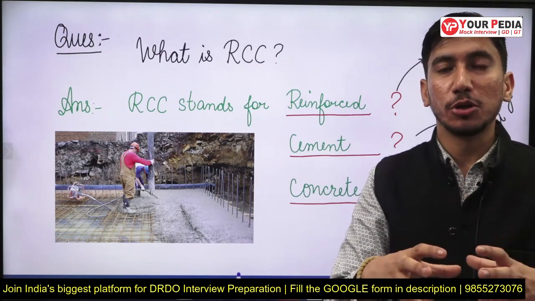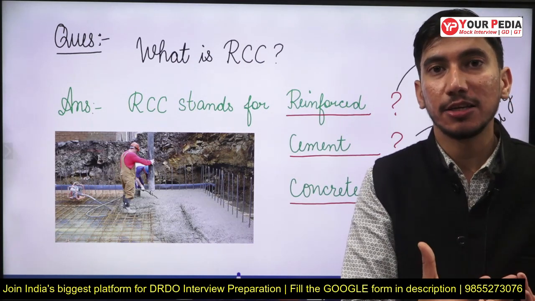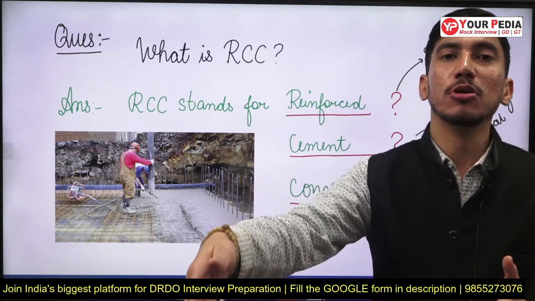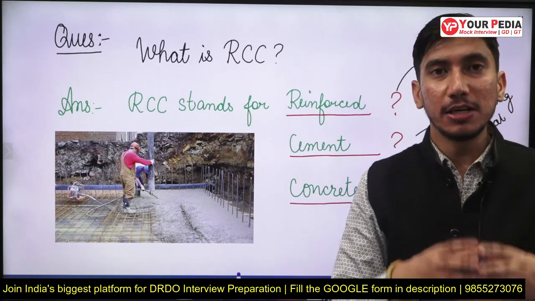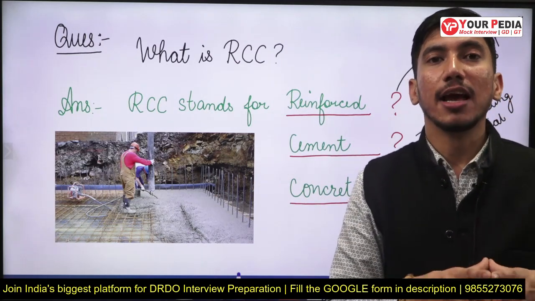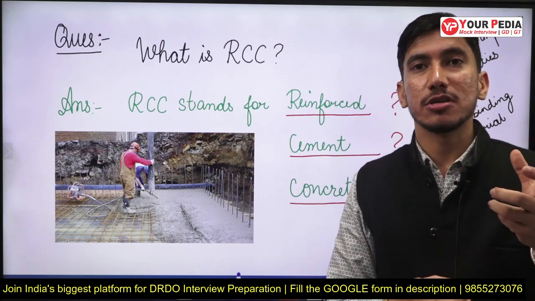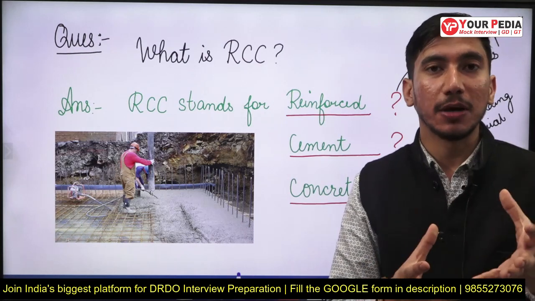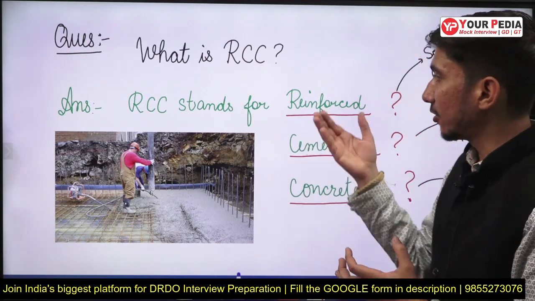When we add water to it, it becomes a wet mix. While being wet, it is plastic in nature and therefore can be poured into any shape of mold and it will take that particular shape. But on hardening, on setting, it becomes a strong, durable, load-bearing material which can be used for various purposes. So that is concrete for you.